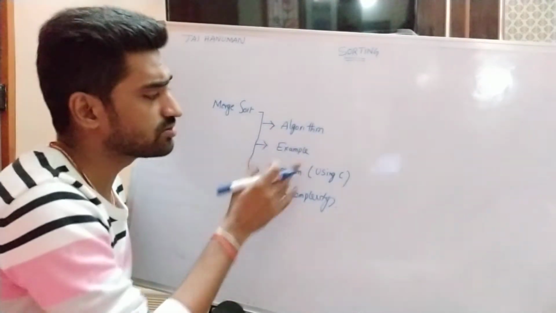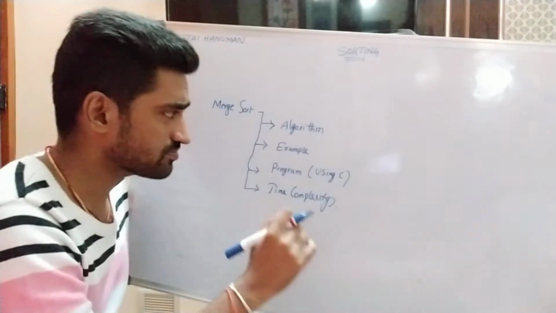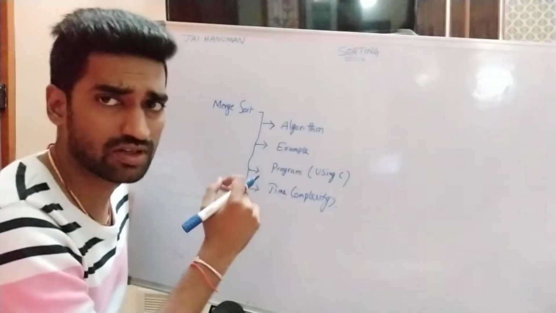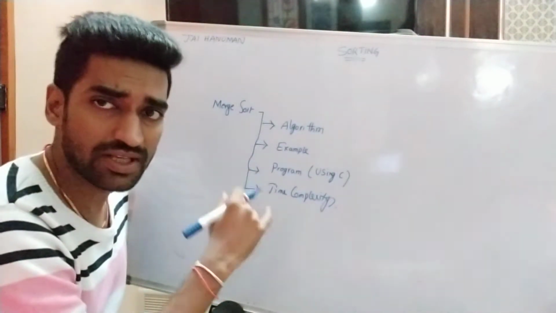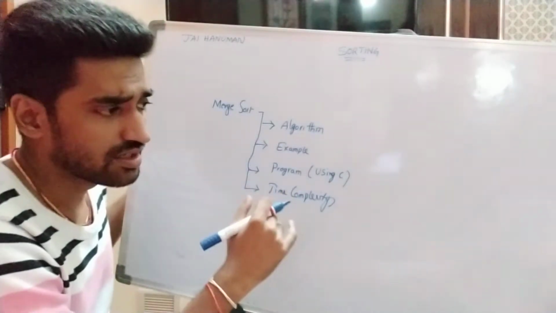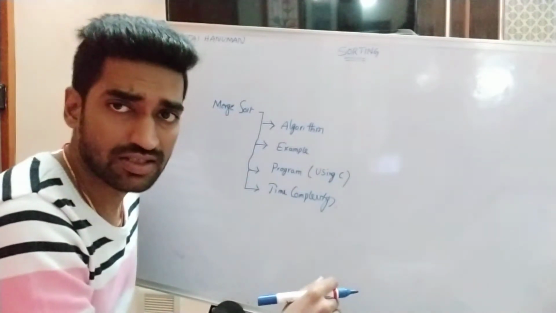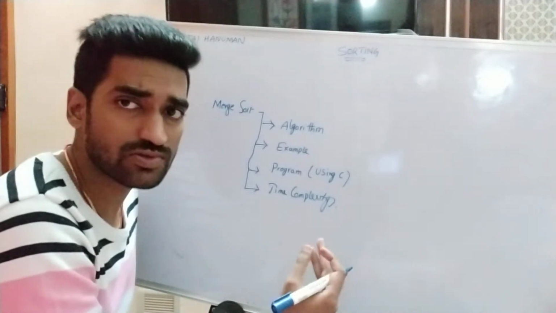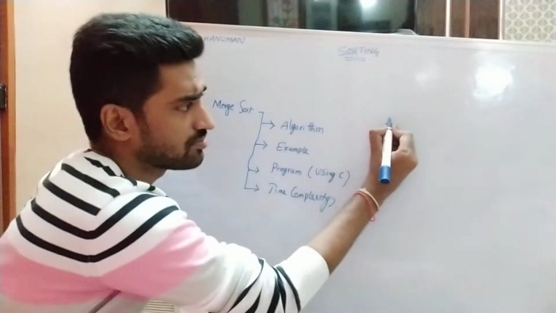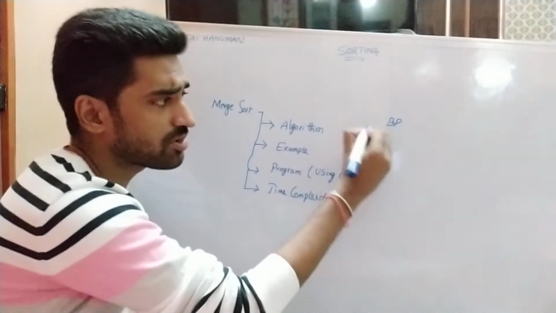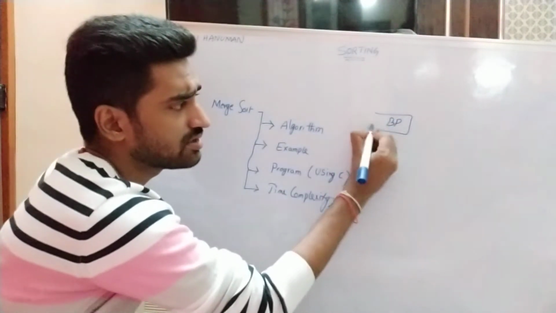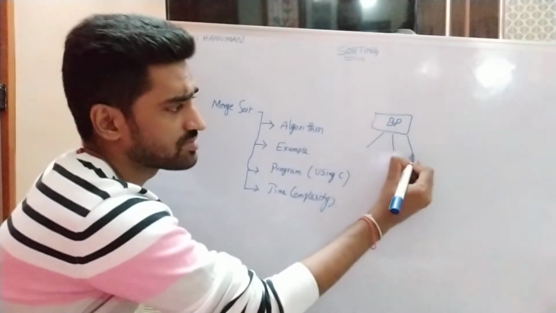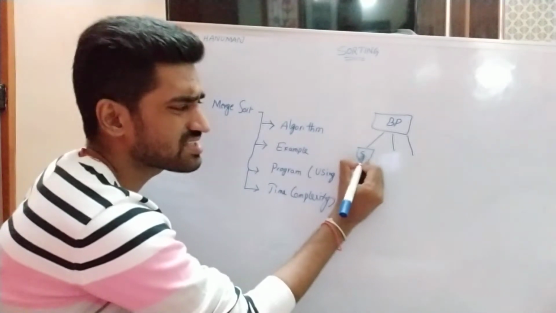Before going to these concepts, first of all, we know very well what the divide and conquer technique is. In previous sessions we already discussed it. In computer science, if we want to solve a big problem, the entire problem can be divided into several sub-problems based on some conditions.